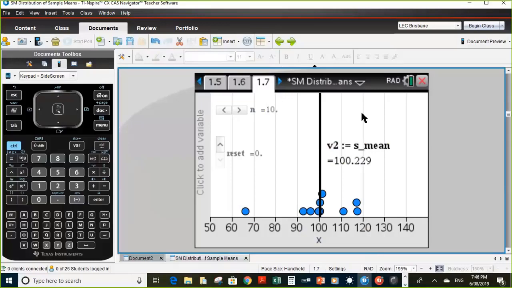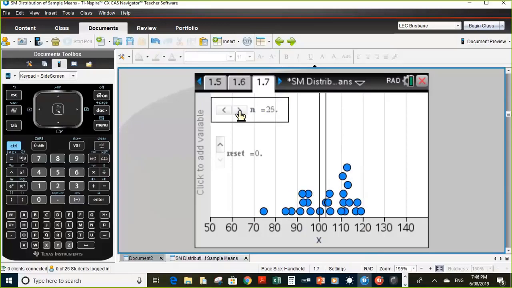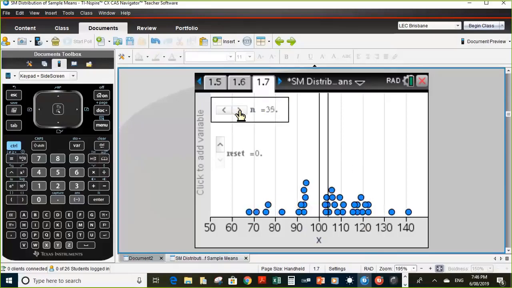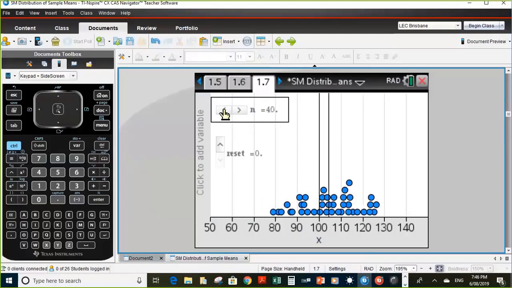And so just getting the students into this idea of random fluctuations, I think, is really important. And we've got a clicker here which we can use to increase the sample size. So we expect to see more dots appear and you'll also see the sample mean, as I said, dancing around the population mean. So that's a lovely demo to show the students.